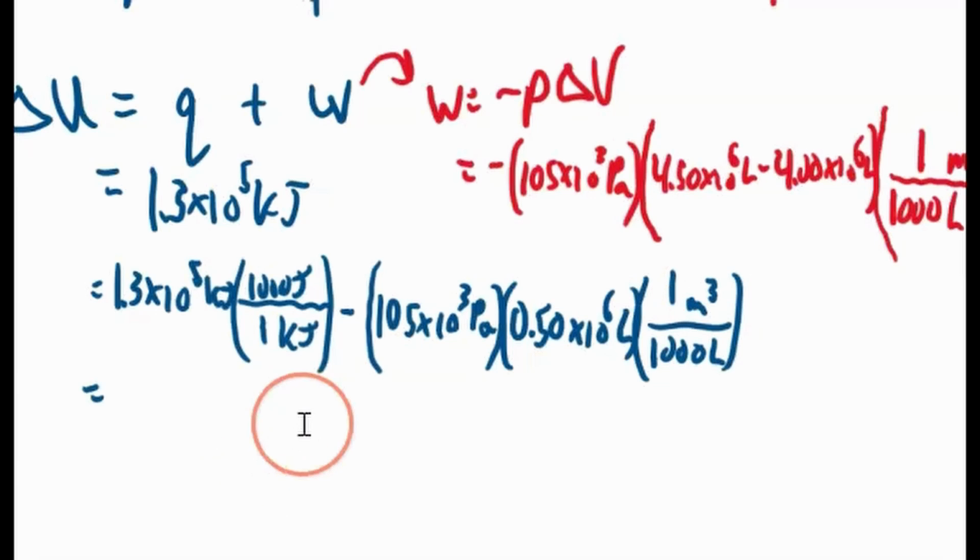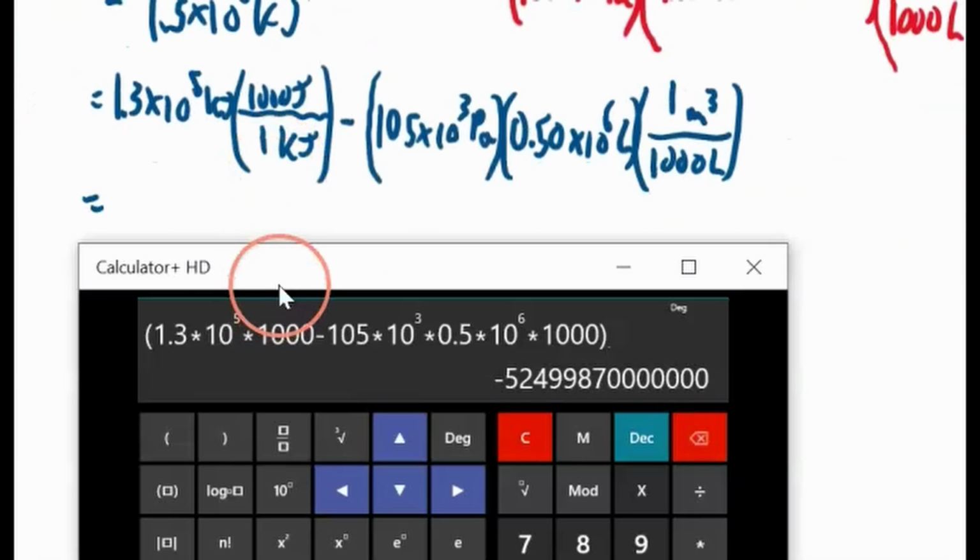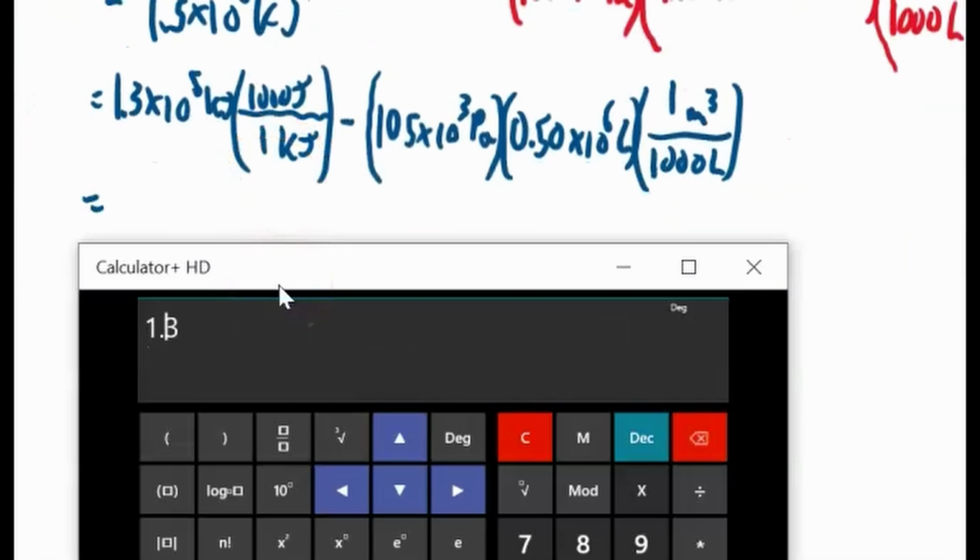Okay, awesome possum. So we'll plug that into our calculator. 1.3 times 10 to the power of 5. I really like these calculators where you can see what you type. You see, I noticed I typed something wrong, and on an exam that can save you.